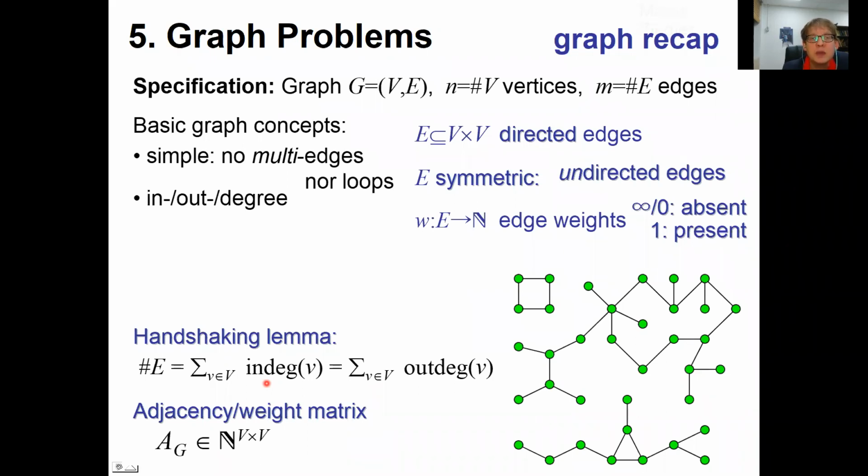So that's one way of simply counting all edges. And the other is another way of counting the same set, the number of edges, namely every edge is leaving some vertex. So counting that gives the same number, and that's the number of edges in a directed graph.